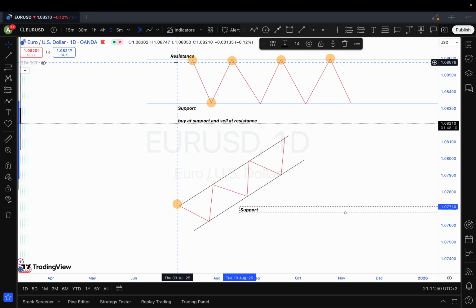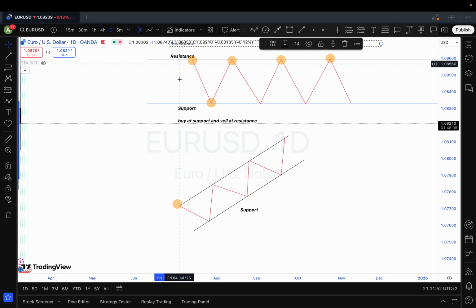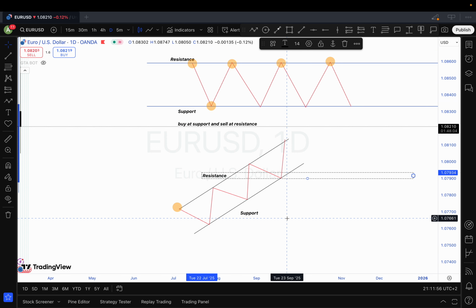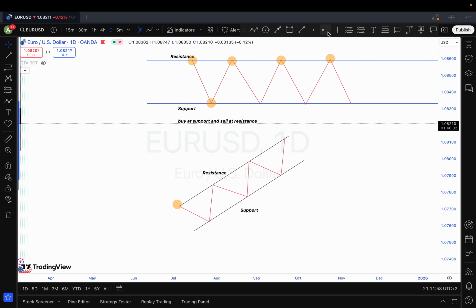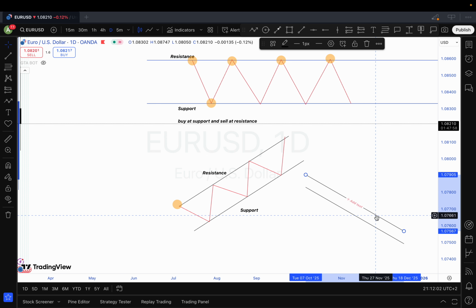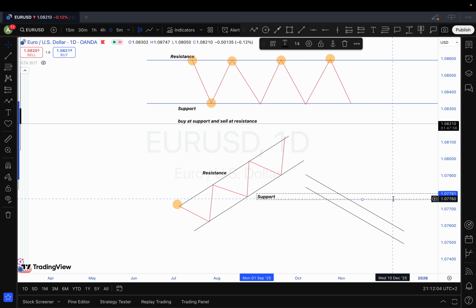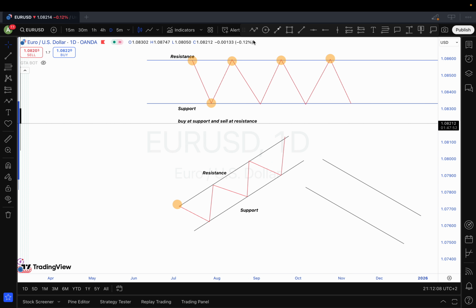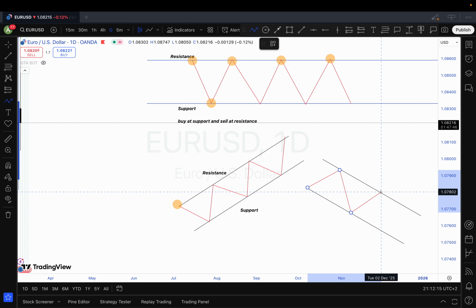So we have the support over here, and then we have resistance over here. And if you were in class on Friday, I said something about trend. When you understand trend, we have the sideways, the uptrend, and the downtrend, right?